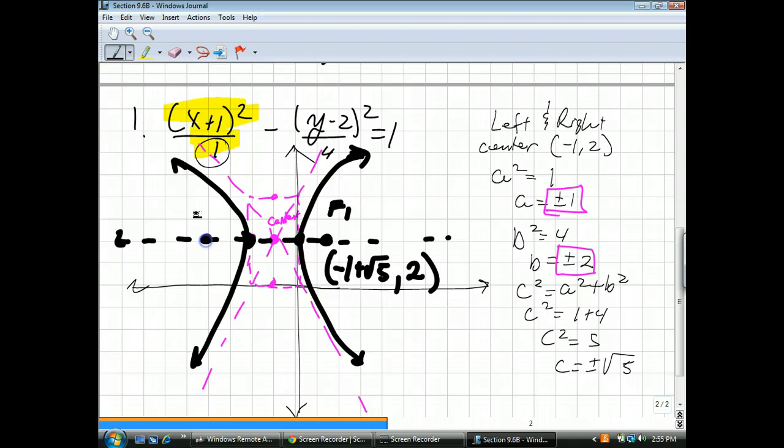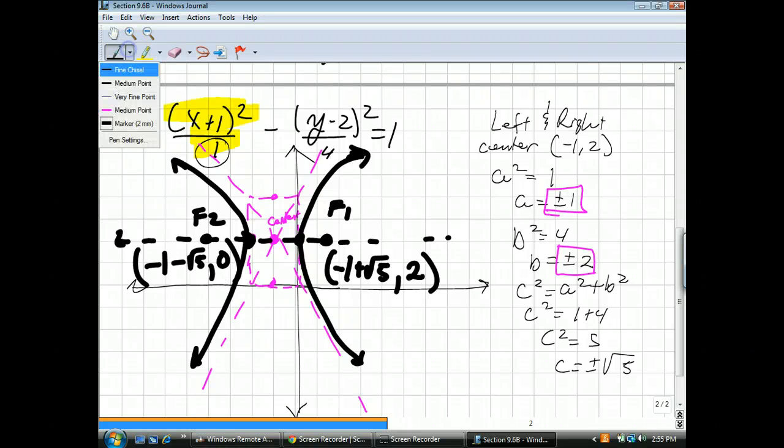And this focus, focus 2, is going to be (-1 minus square root 5, 2). And so there we have the graph of the hyperbola with the center not at 0, 0.